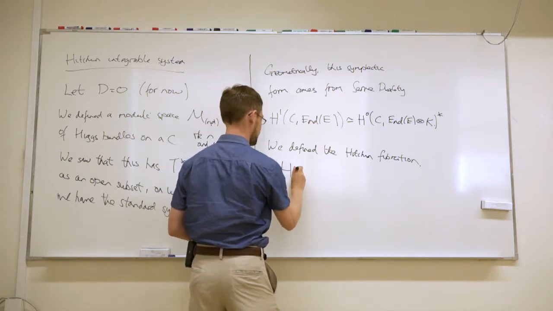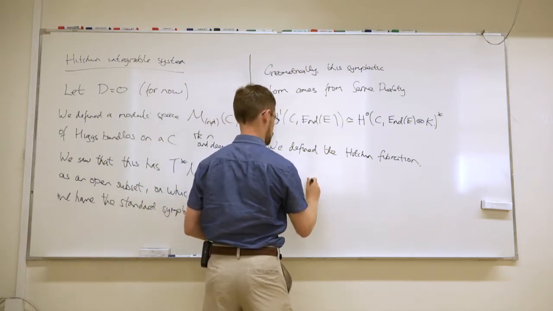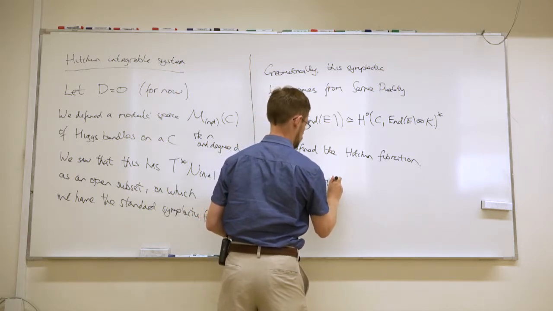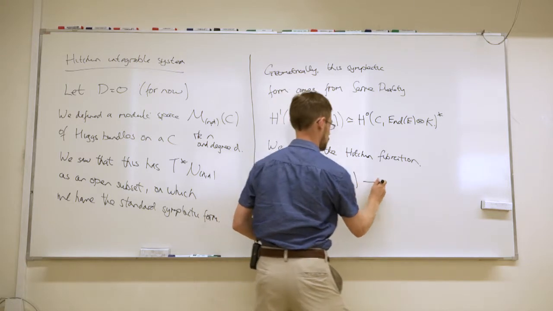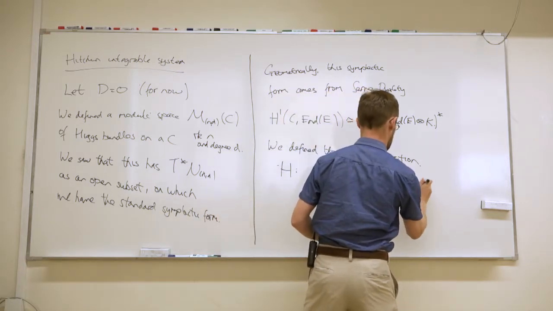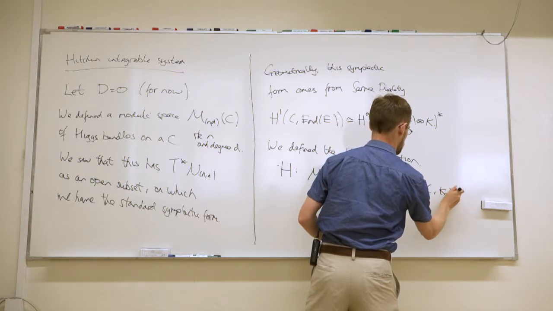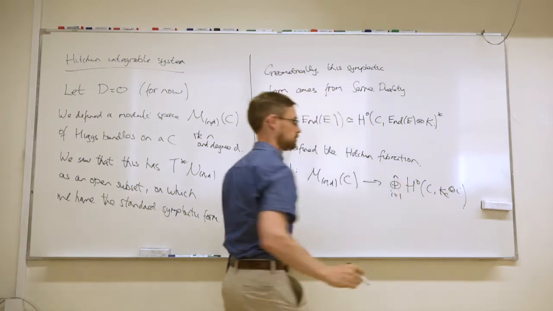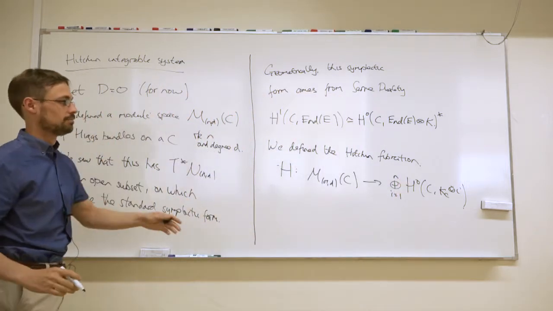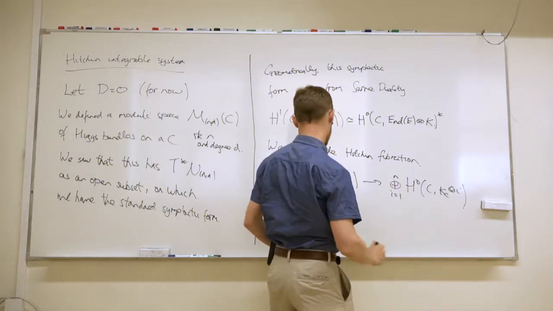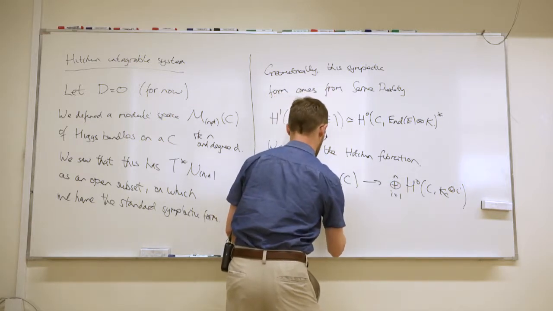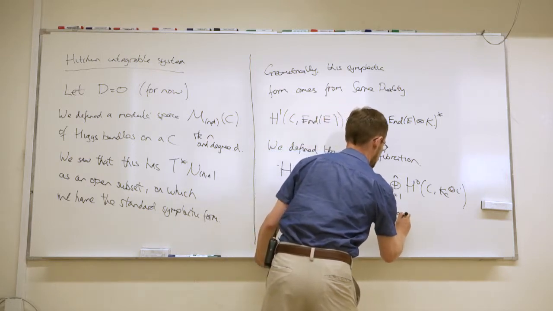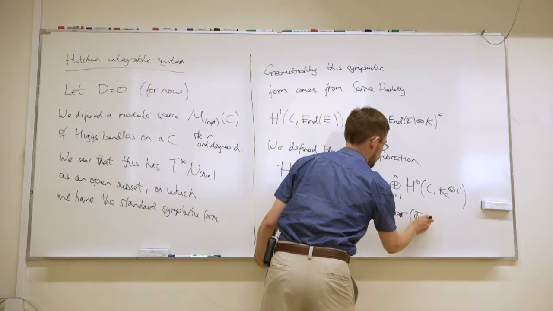Let's call it H. From this moduli space to this vector space, which does nothing but take our Higgs bundle and map it to the components of its characteristic polynomial.